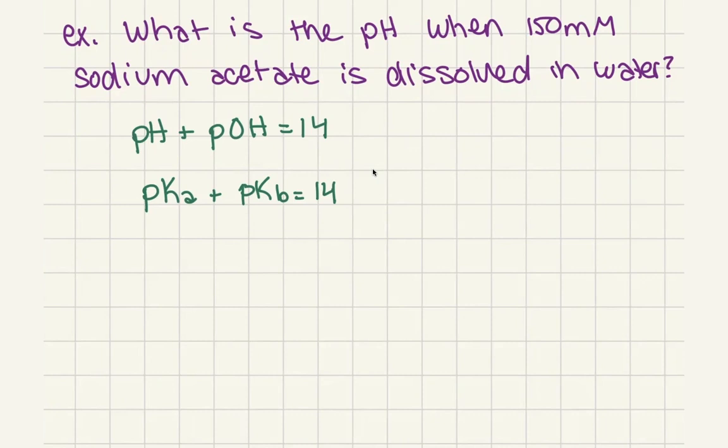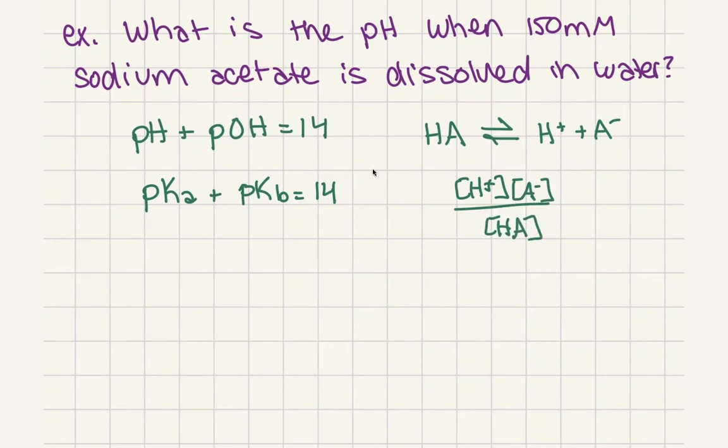So remember that we have our equilibrium reaction, HA going to H plus and A minus. When we're talking about our Ka, we're talking about H plus times A minus over HA.